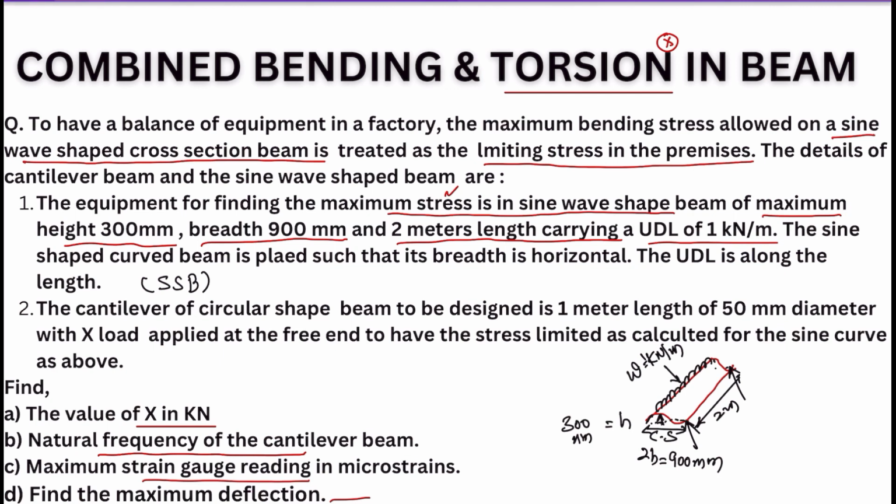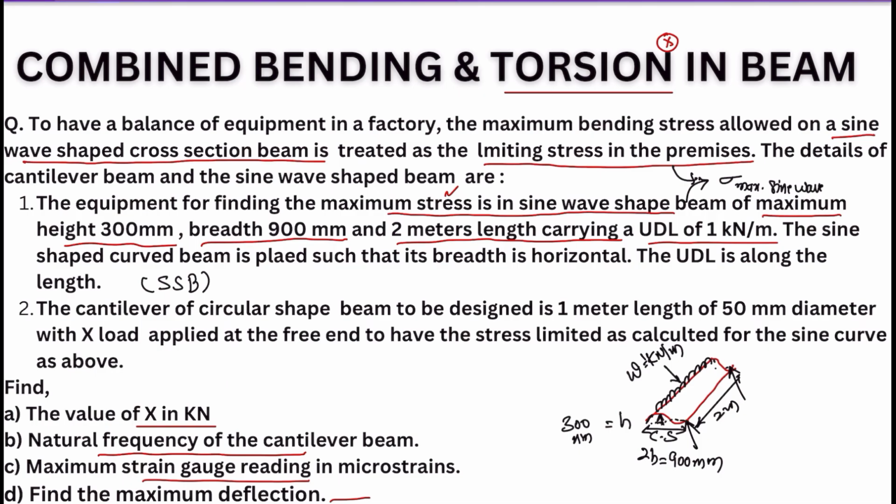UDL is there. For this, we have to find out the maximum stress in the sine wave shape beam. This is the limiting stress in the problem. This means sigma maximum of the sine wave beam.